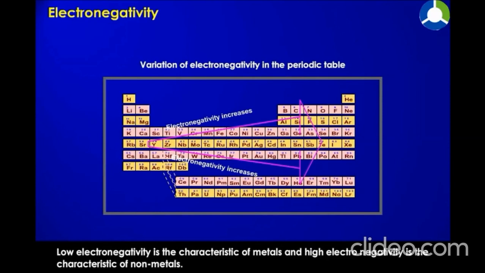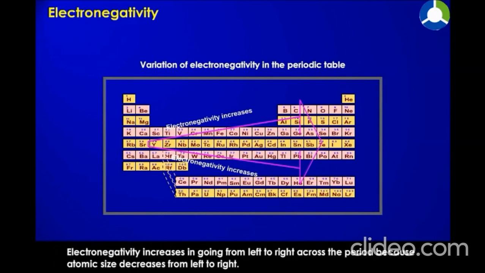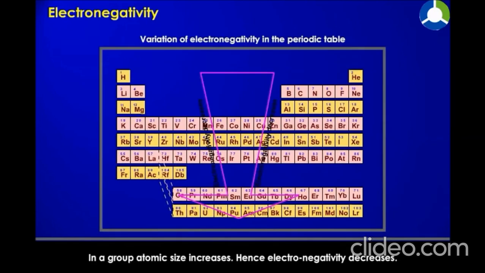Low electronegativity is the characteristic of metals and high electronegativity is the characteristic of non-metals. Electronegativity increases in going from left to right across the period because atomic size decreases from left to right. In a group, atomic size increases, hence electronegativity decreases.